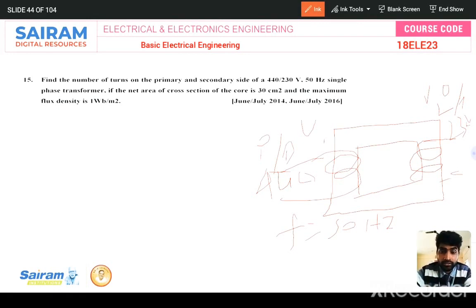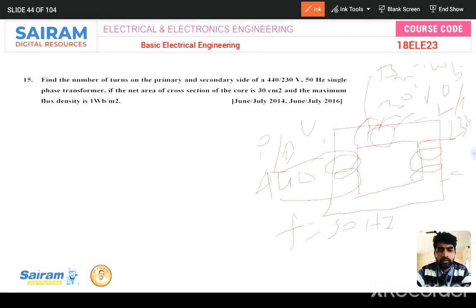And the net area cross section of the core is 30 centimeter square. This core area is 30 centimeter square. 30 into 10 raised to minus 4 I can take, because 10 raised to minus 2 into 10 raised to minus 2 centimeter square will be there, 10 raised to minus 4. And the maximum flux density, flux per unit area, is Bm, 1 Weber per meter square.